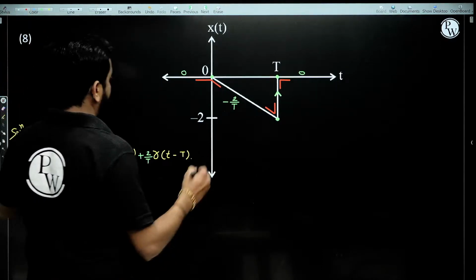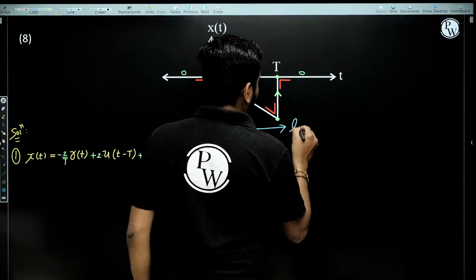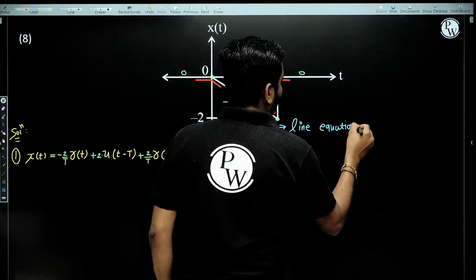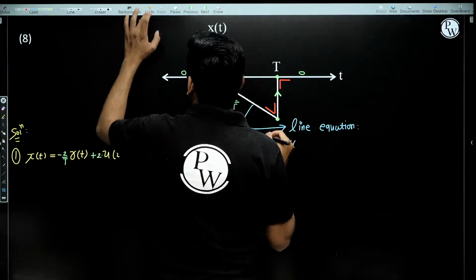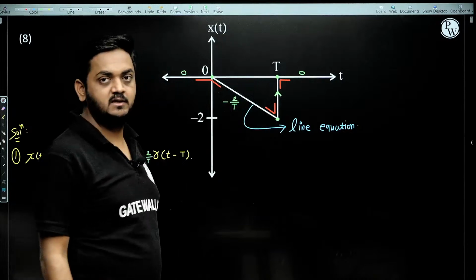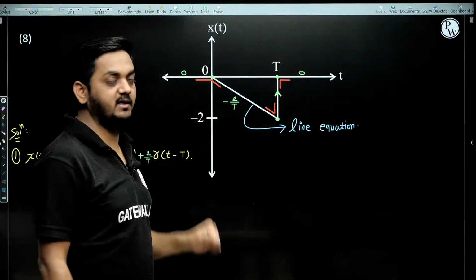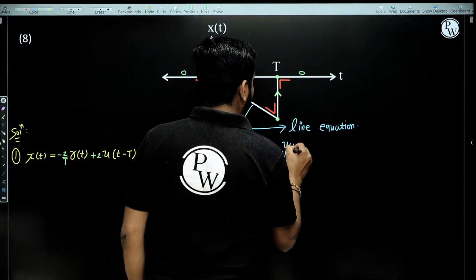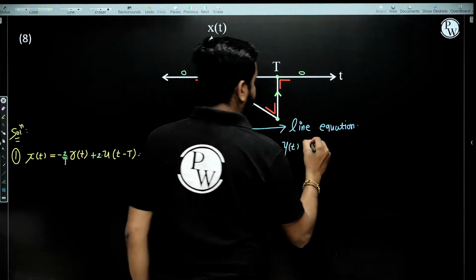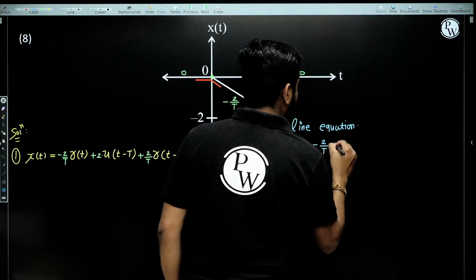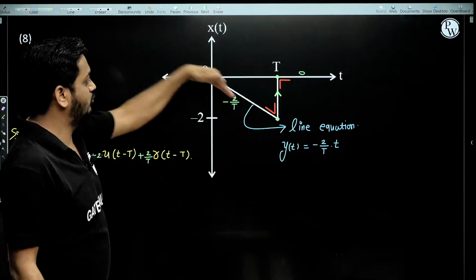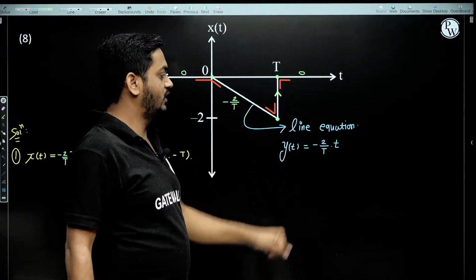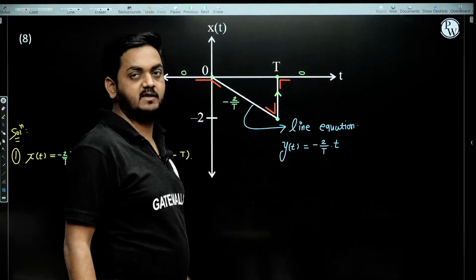So first of all, the line equation. The equation of line is y equal to mx: a straight line passing through origin with a slope of minus 2 by capital T. So y of t equals mx, where the slope is minus 2 by capital T, x is t, and c is 0.